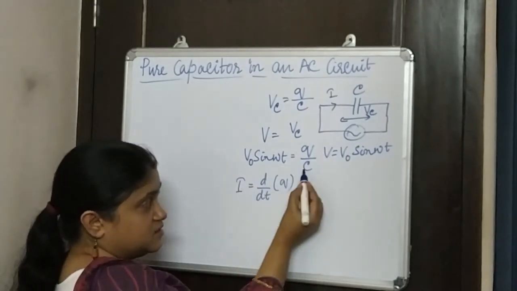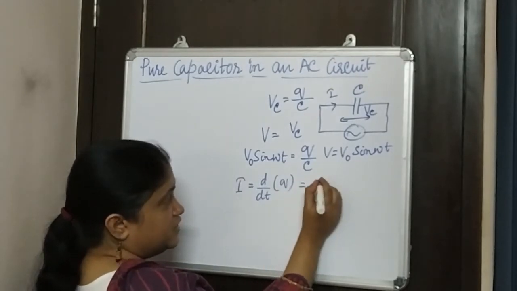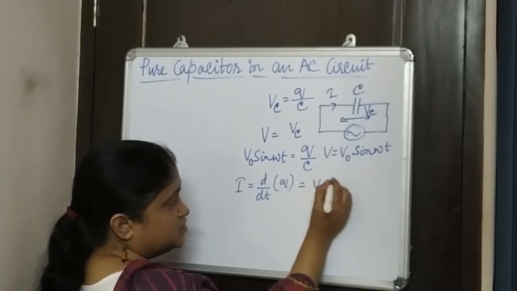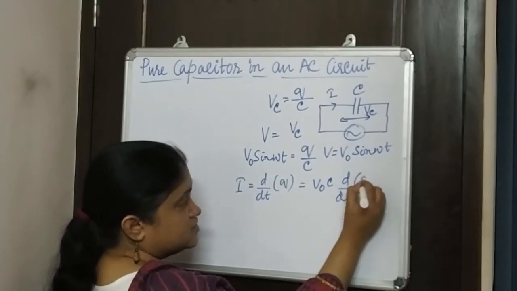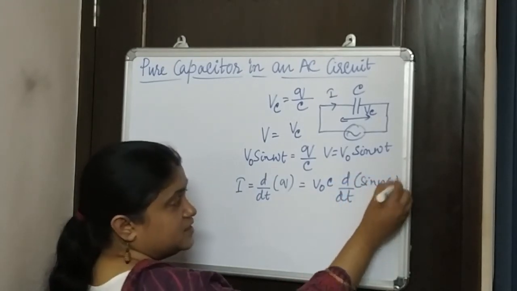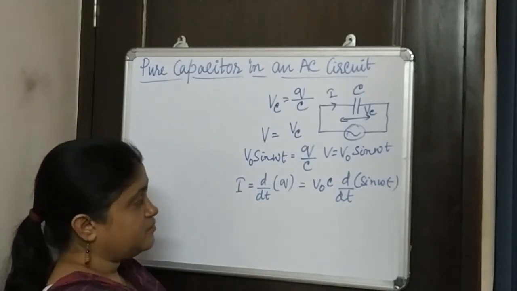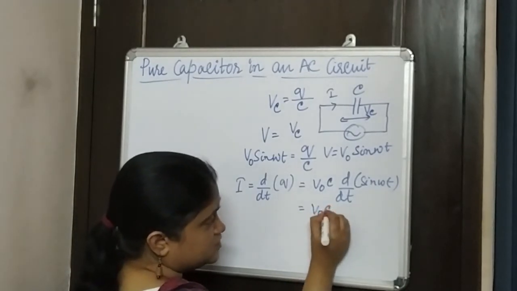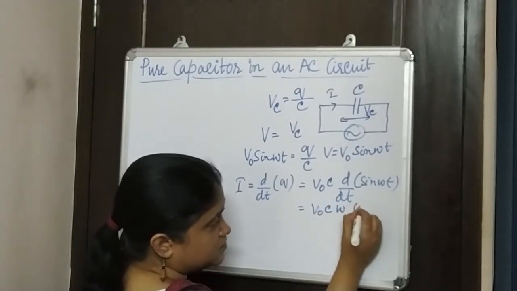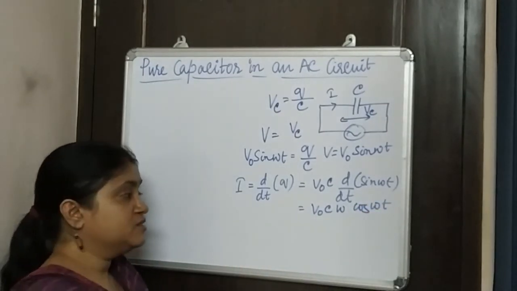Therefore we get Q here. We can write V naught into C into d dt of sine omega t. That is what is going to give us the current I. If we do this, then we are going to get V naught C omega into cos omega t, right?